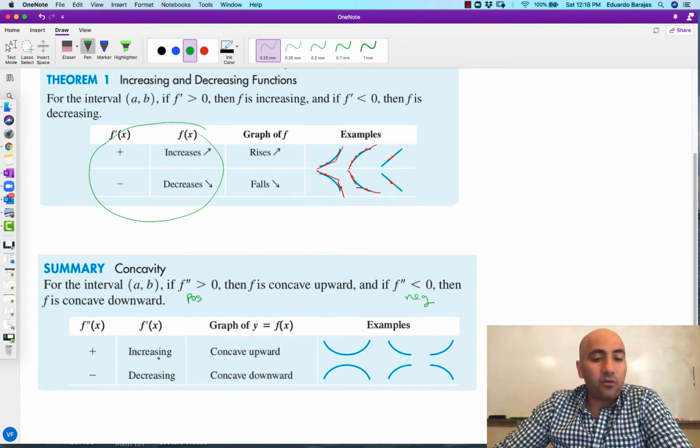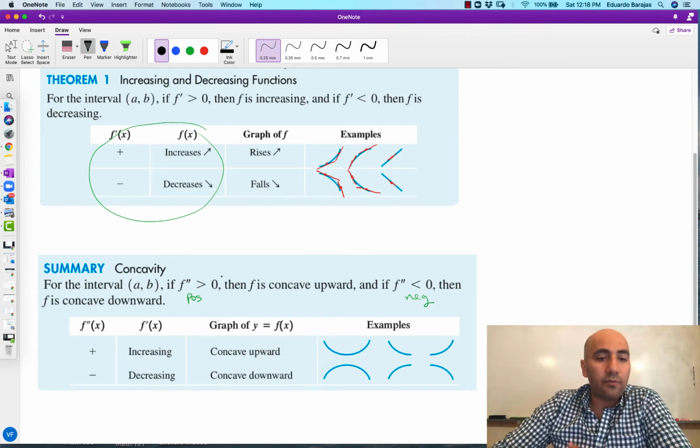Instead of thinking about whether that first derivative is increasing or whether that first derivative is decreasing, we can just focus on the derivative of the derivative function, which is the second derivative. Whenever the second derivative is positive, we'll get concave upward. And whenever the second derivative is negative, we'll get concave downward, right? So again, a very nice pattern to remember.